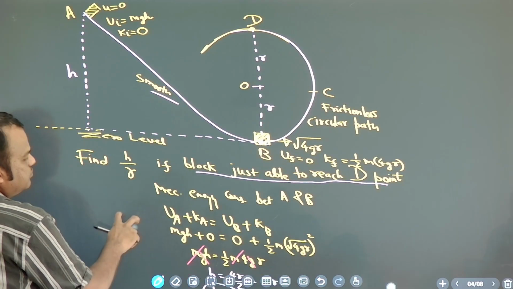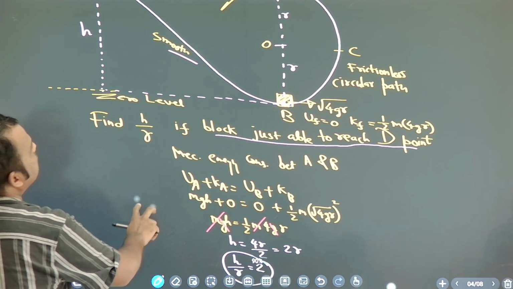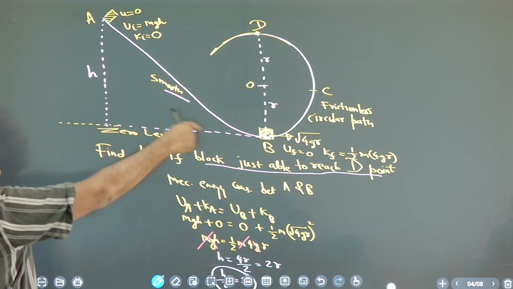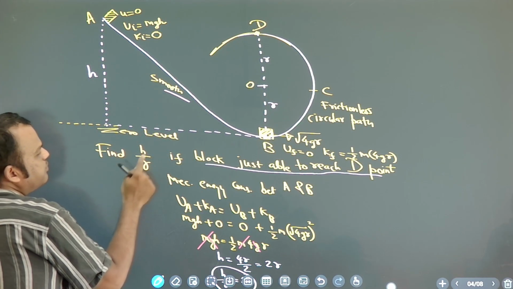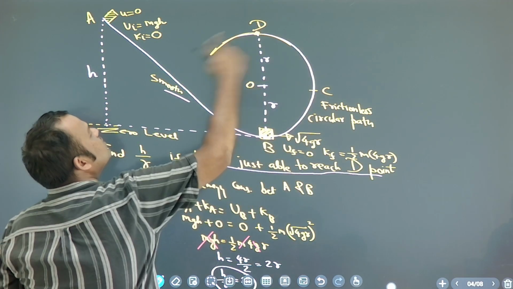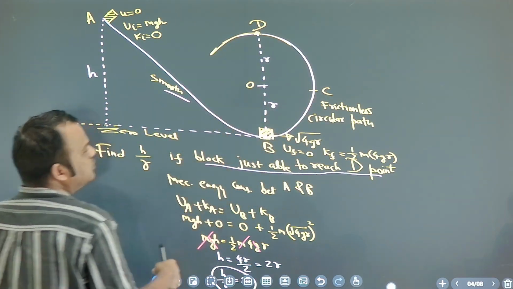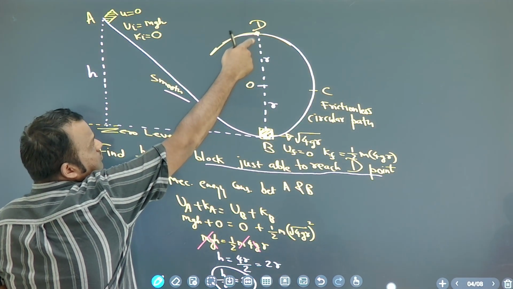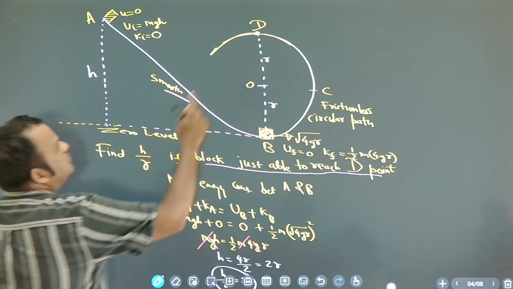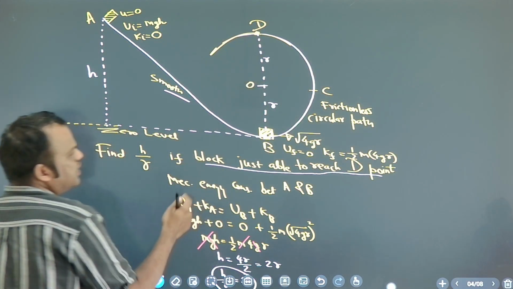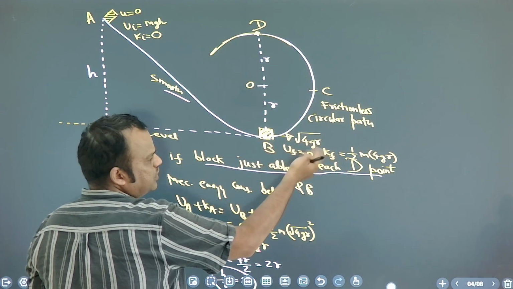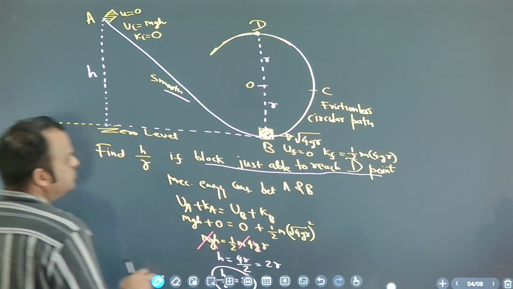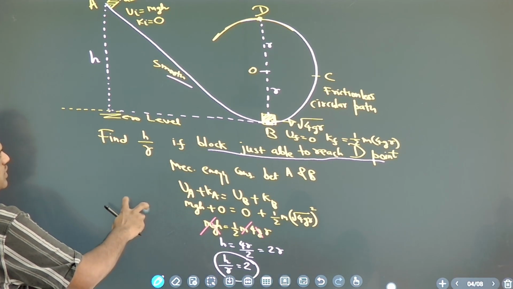And the last question you do, what is h by r? Same diagram you can draw. Question is find h by r if the block just completes the circle. So what is the tension here? 0. Tension here is 0. So what is the speed here? You know the answer. Root 5gr. Okay, good.